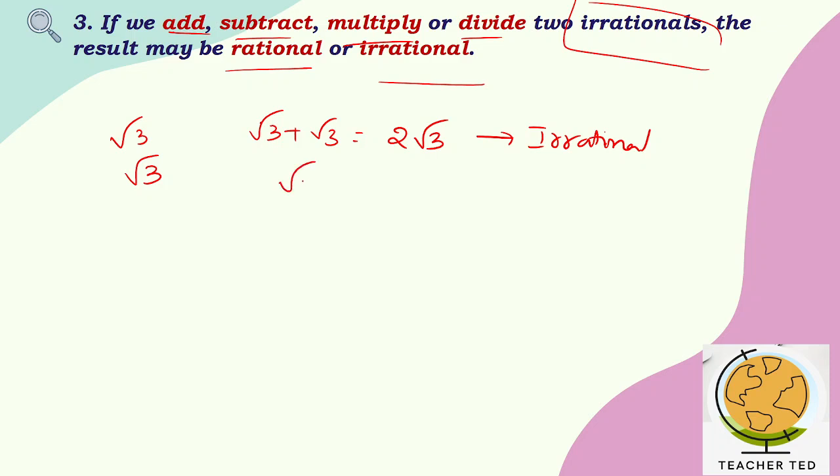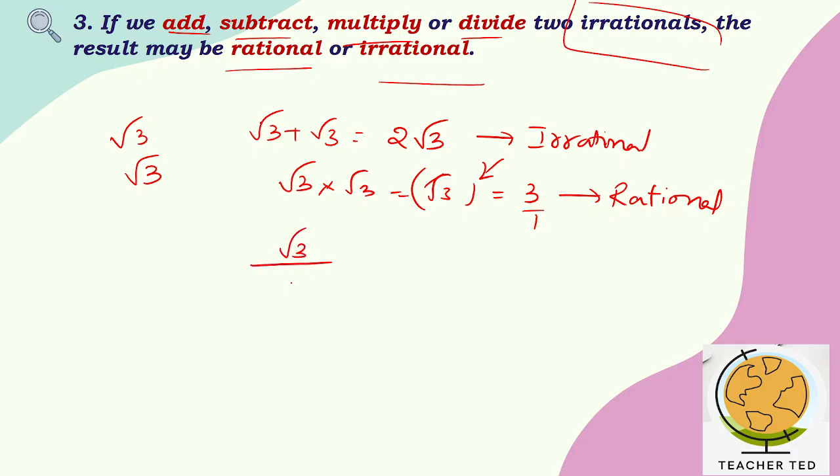If you take root 3 times root 3, that is root 3 squared, the square gets cancelled and the answer is 3. 3 we already know is a rational number because it can be written in the form of 3 by 1. Take the division, root 3 by root 3, the answer becomes 1. 1 can be written as 1 by 1, again a rational number.